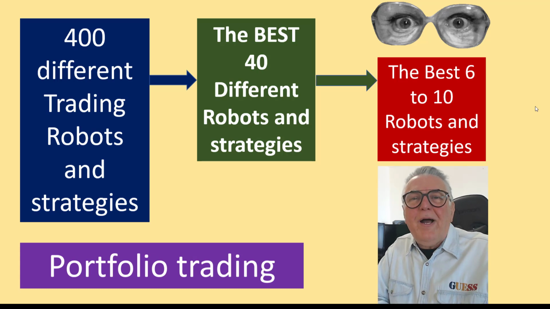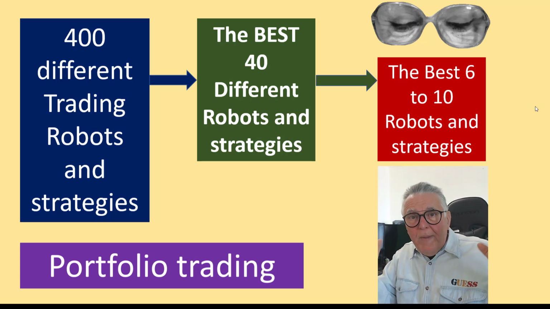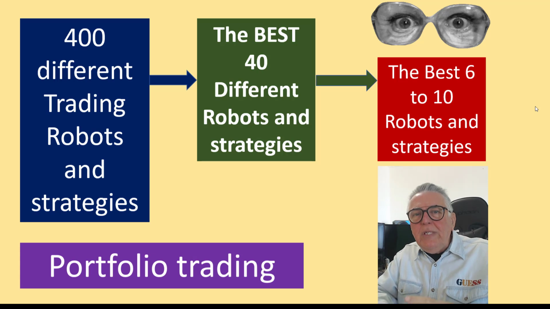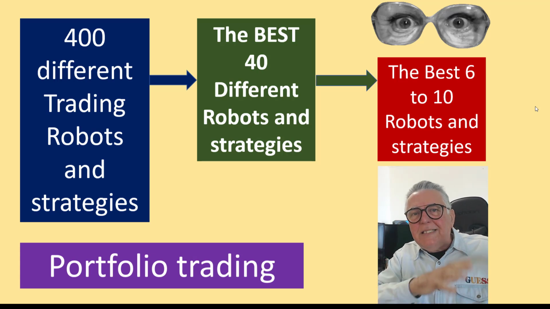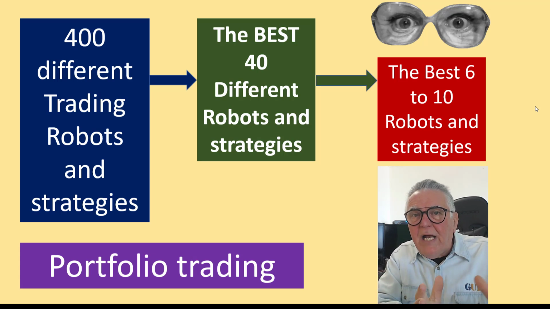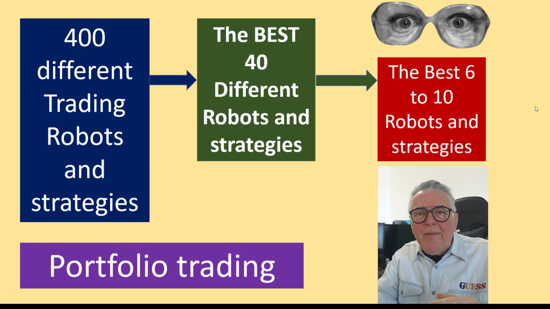Now, I hope you found this video interesting, and I hope I've given you an idea of the proper way of trading robots. You will never create a sustainable income using one robot, one currency, one set of settings. You need this approach. We are testing, looking at 1,000 alternatives, narrowing them down to 30 or 40 that you test thoroughly, and you don't test the same all the time.